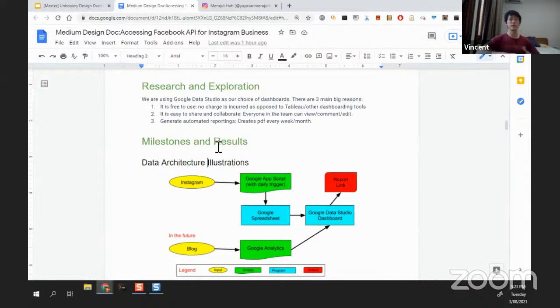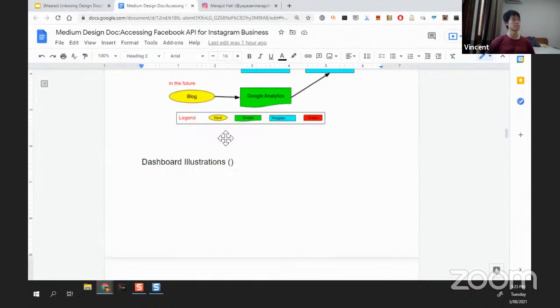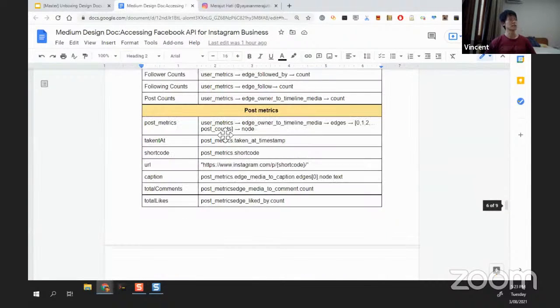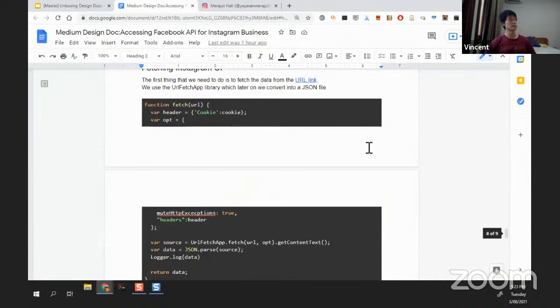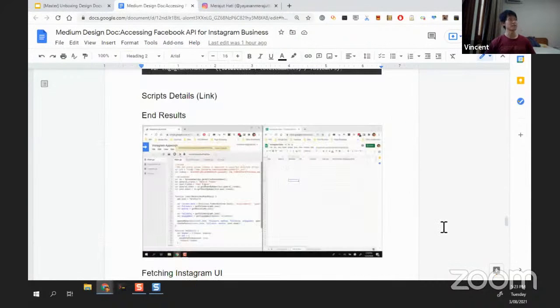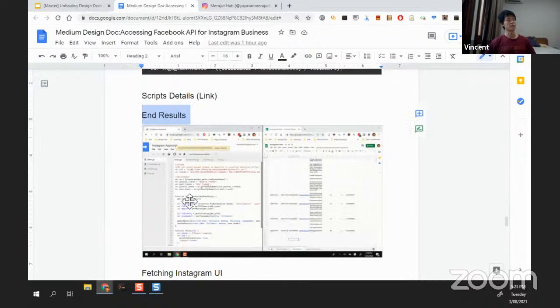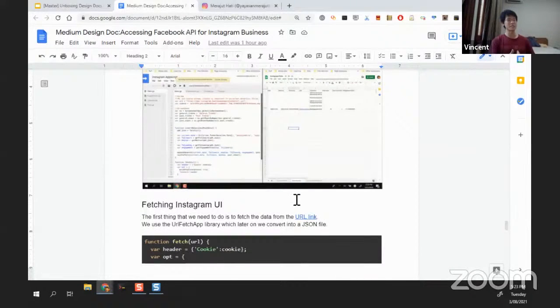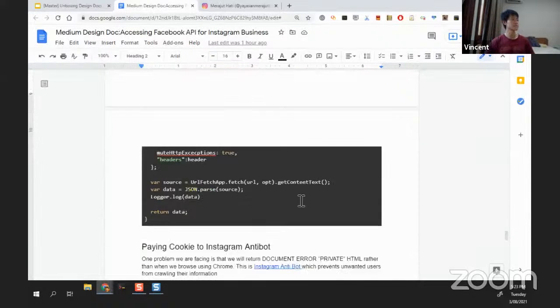You can be even more ambitious than this. I even have a GIF file for the end results. These are the ideas that I'm trying to achieve with Instagram and AppScript. It's a very simple MVP, but it helps me achieve the results that I want.